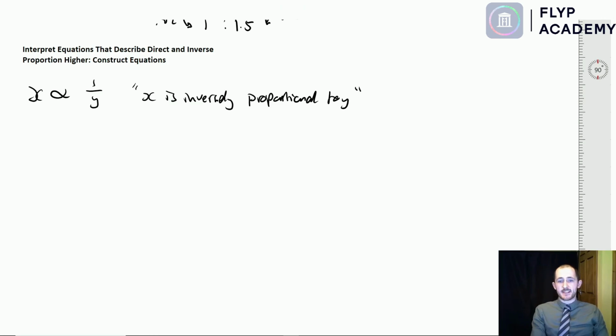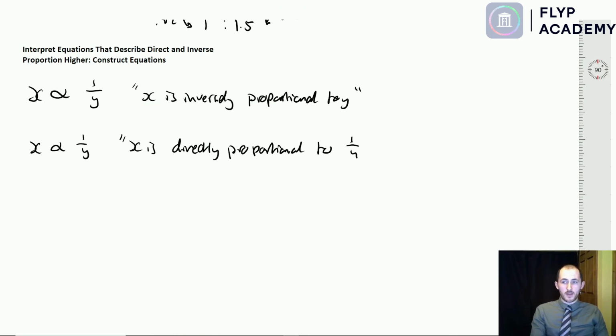That is the exact same as saying x is directly proportional to 1 over y. That's all that matters, okay? And you need to be able to construct equations from that.